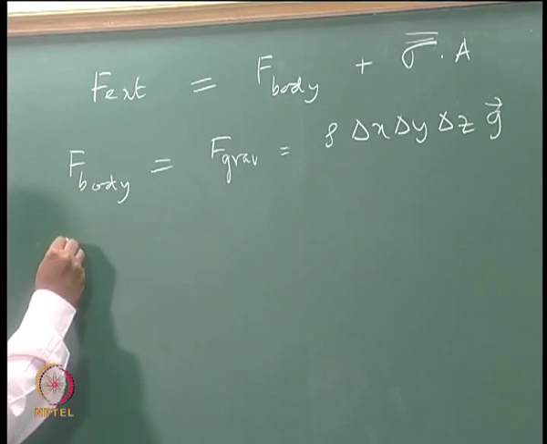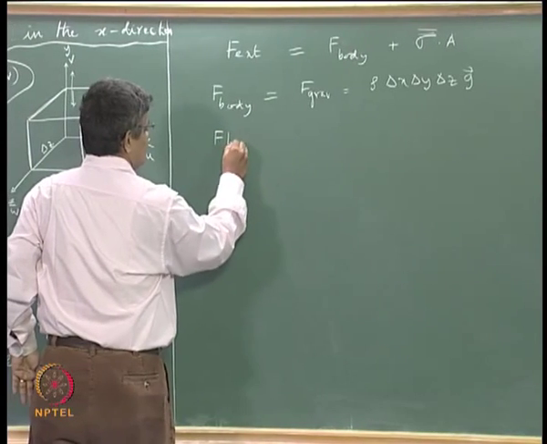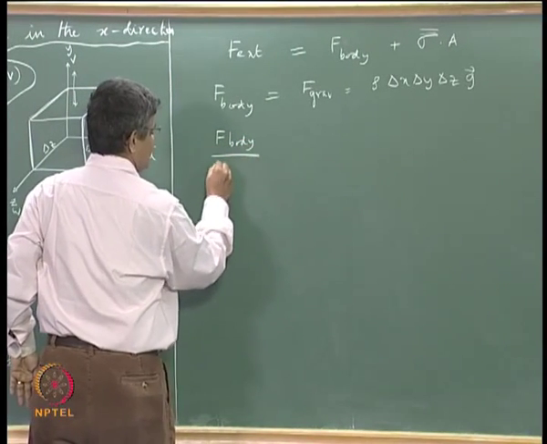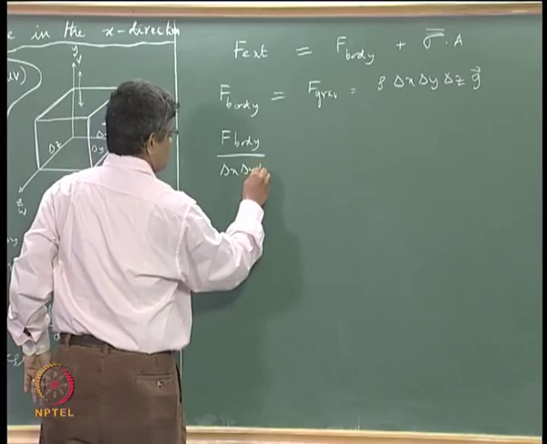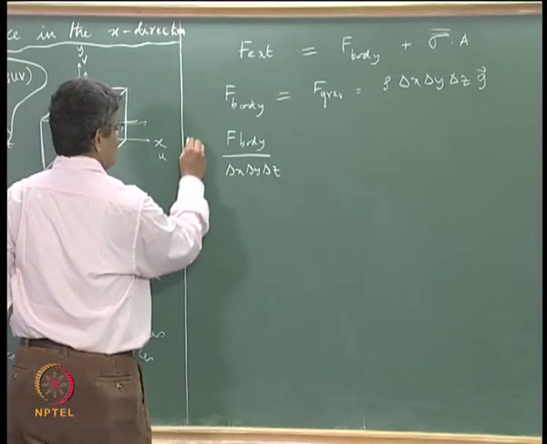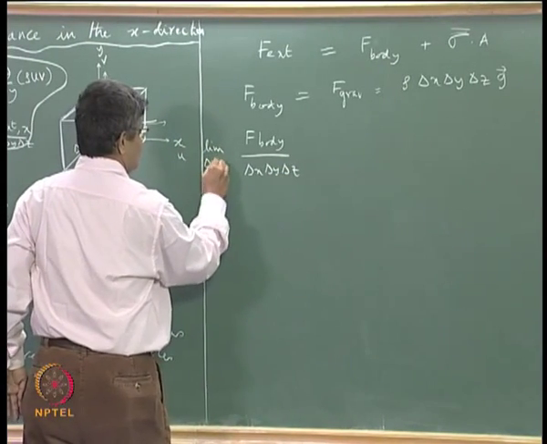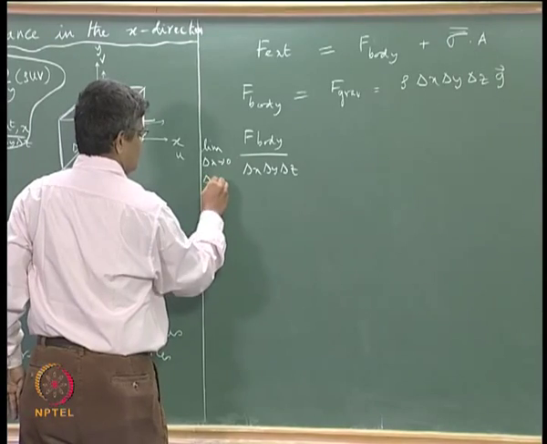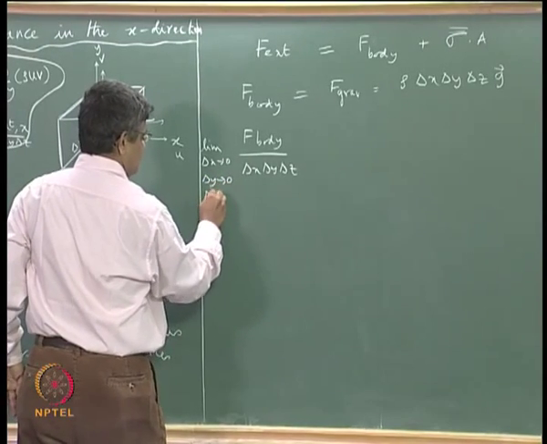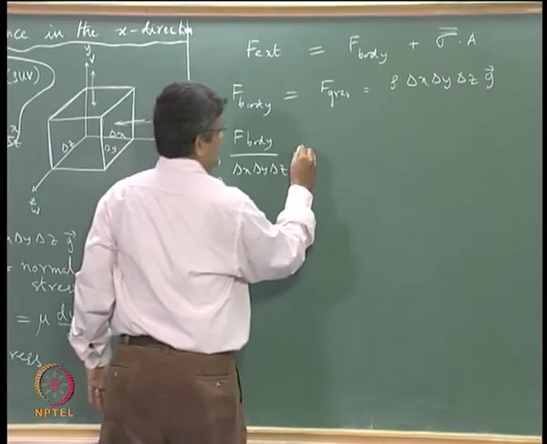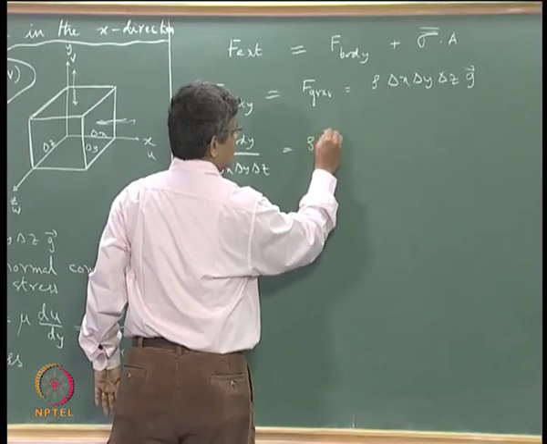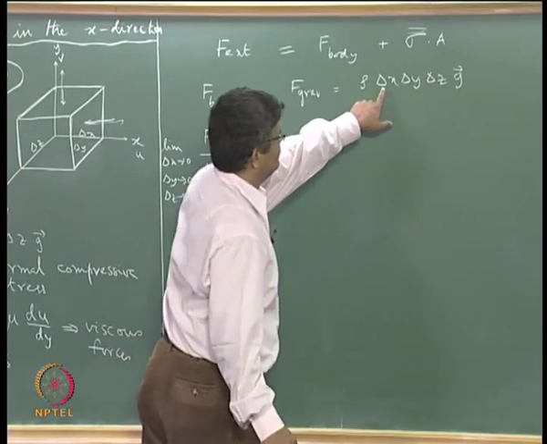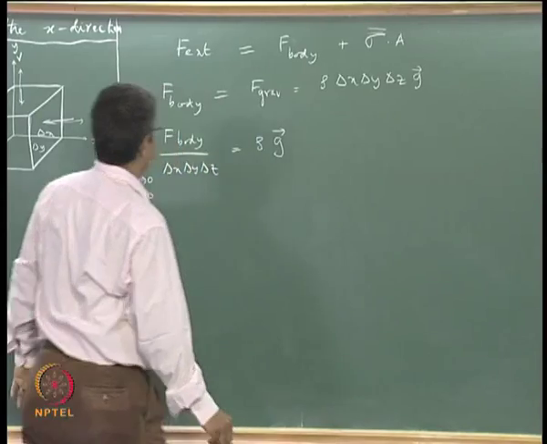So we can say that F body divided by the volume, in the limit as delta x tends to 0, delta y tends to 0, delta z tends to 0, is nothing but rho g, because this cancels out and we are left with this.